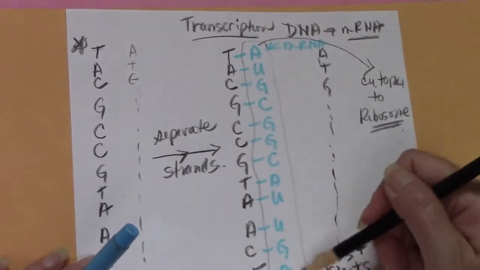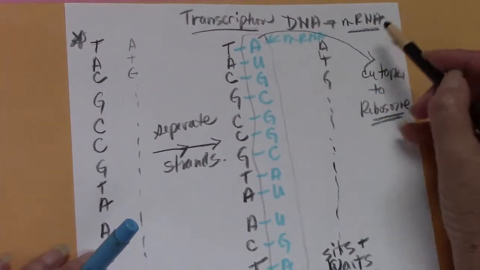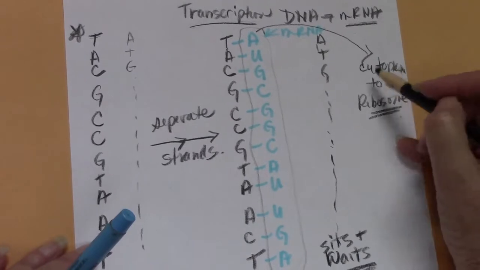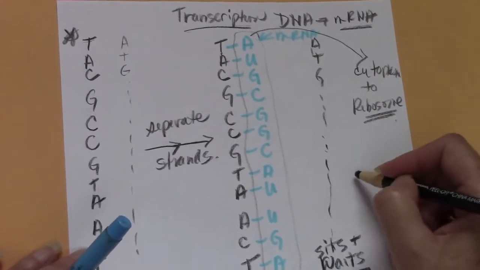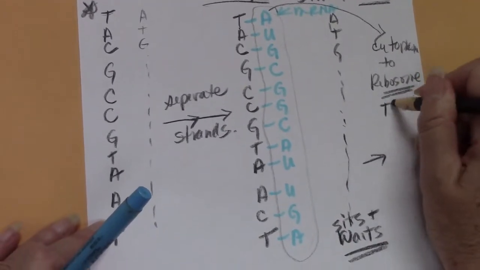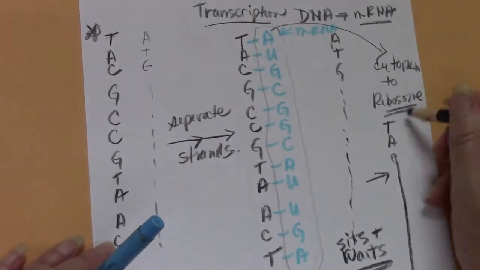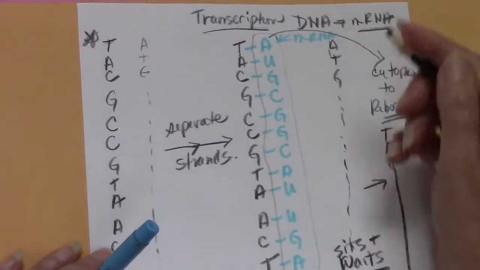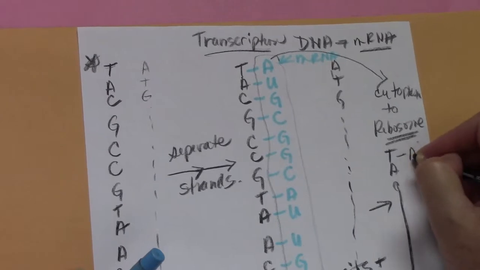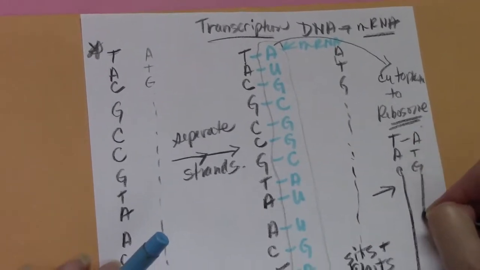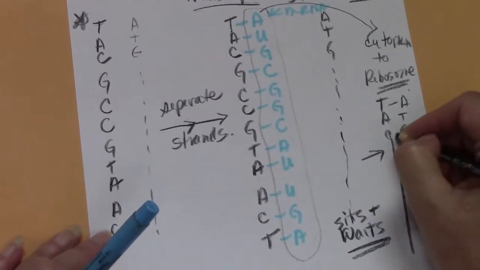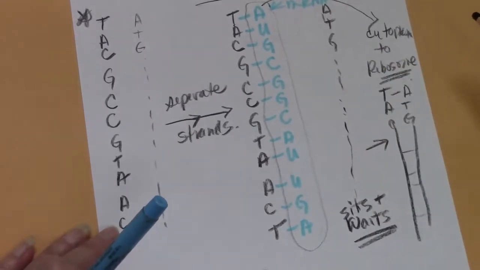As soon as this messenger RNA peels off, the two strands come back together again. Then you have your TAC and so on, and your original waiting strand, ATG, come back together. That's the completion. So then you have your double helix reinstated after transcription has occurred.